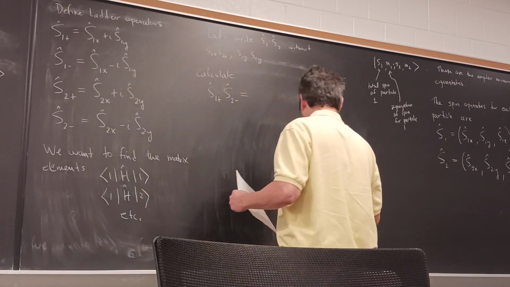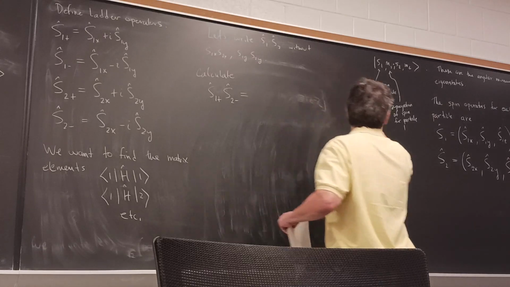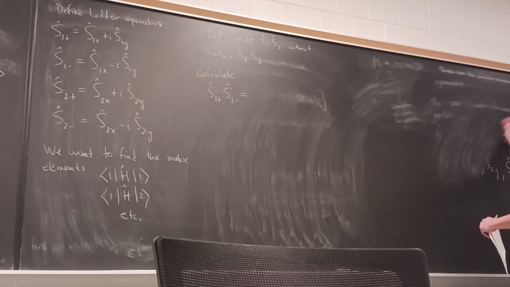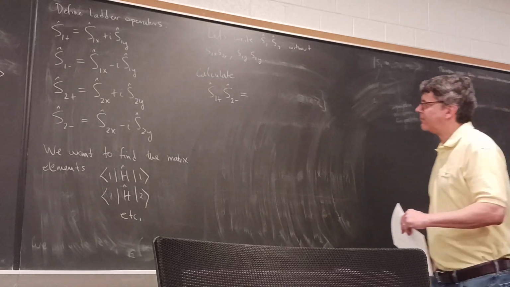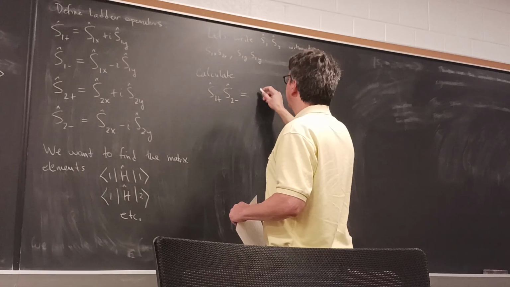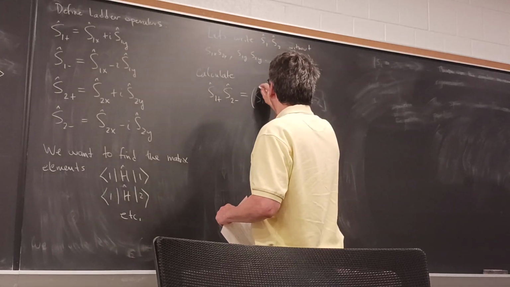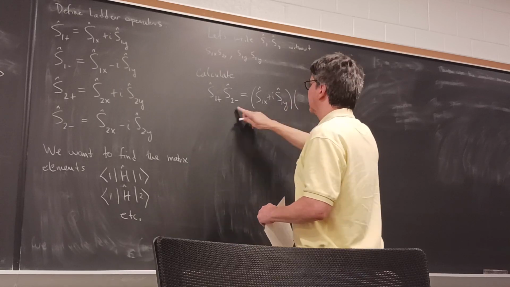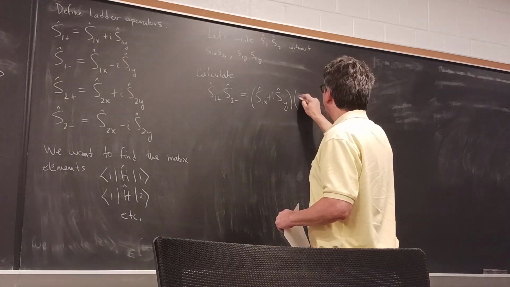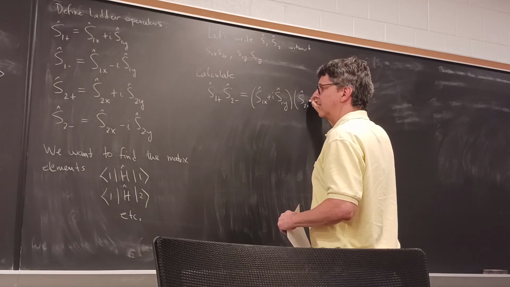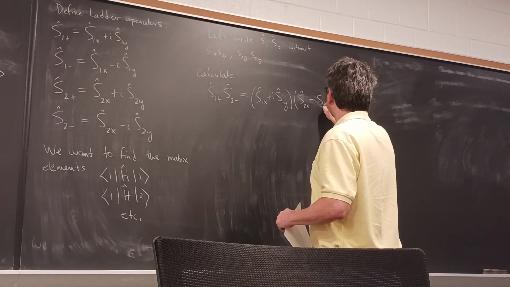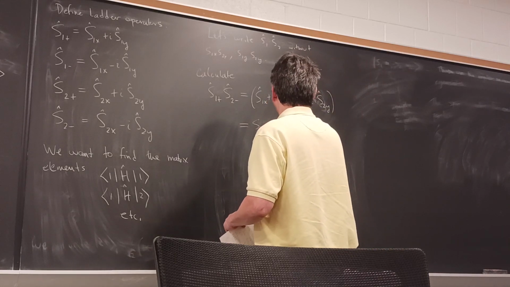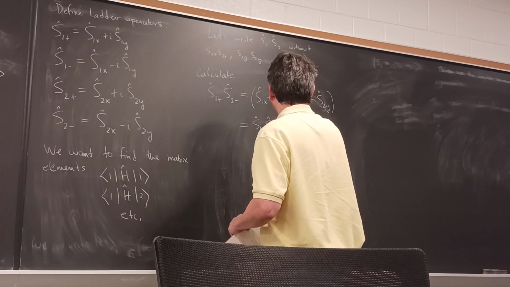Okay, so what's this? S1 plus is S1x plus i S1y, times S2 minus, that's S2x minus i S2y. So if we multiply these out, we'll have S1x S2x.